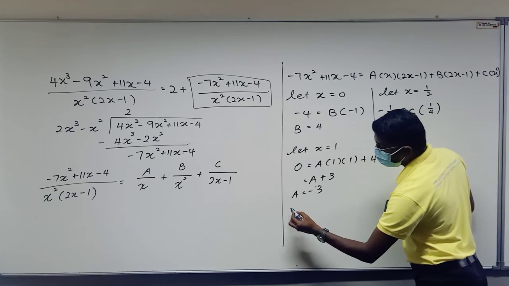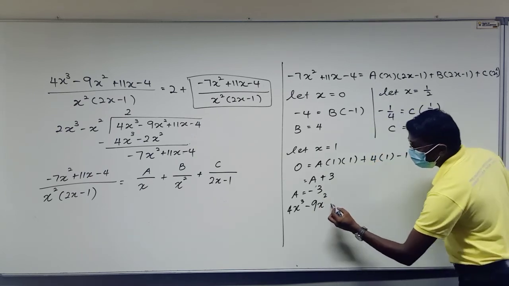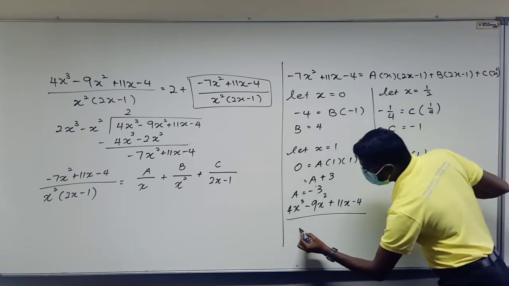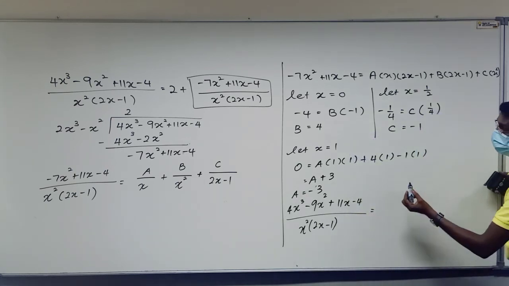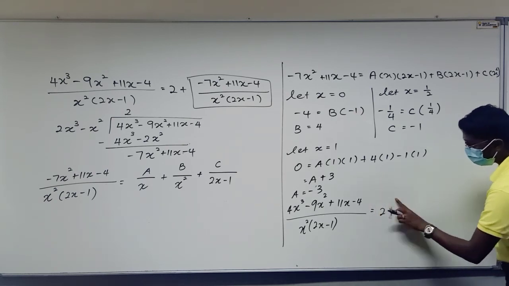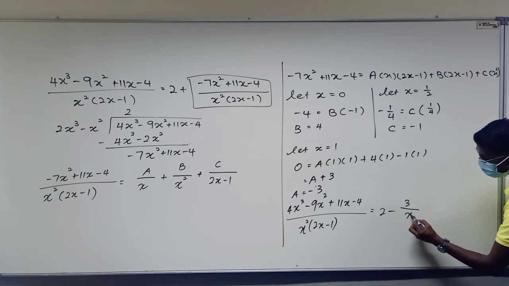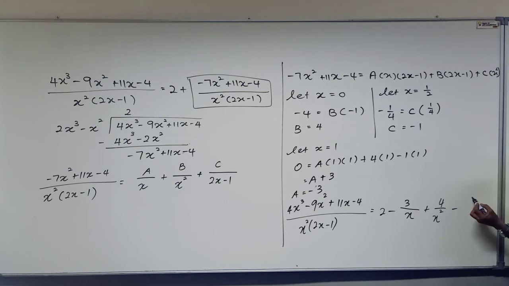Therefore, the fraction 4x cubed minus 9x squared plus 11x minus 4 divided by x squared times 2x minus 1 is equal to 2 plus, since a is negative, so minus 3 over x, and then my b is 4, plus 4 over x squared, and c is negative 1, so negative 1 over 2x minus 1.